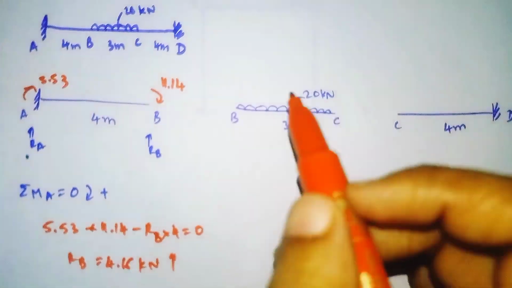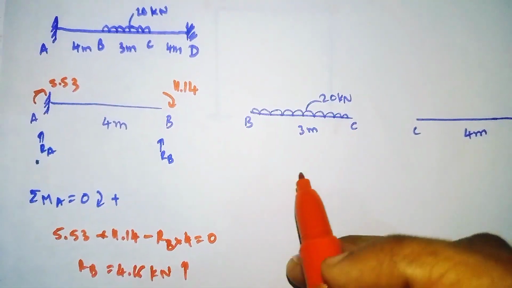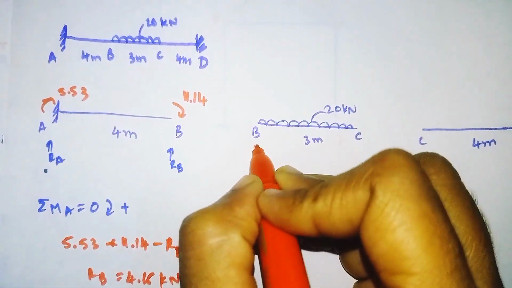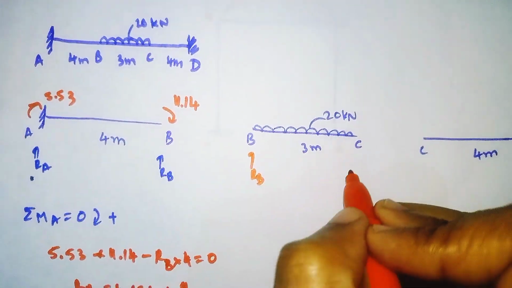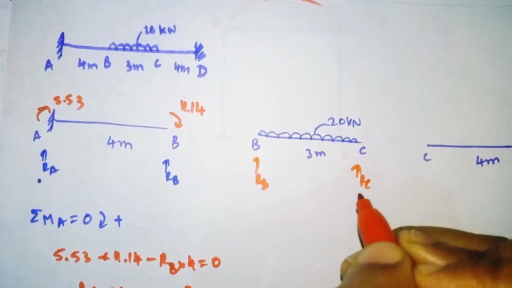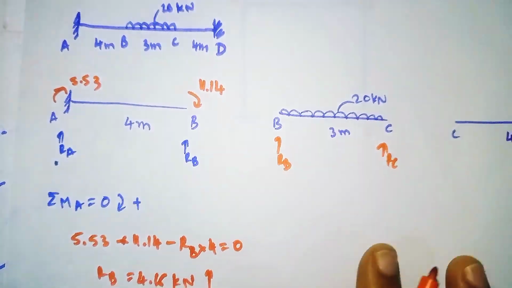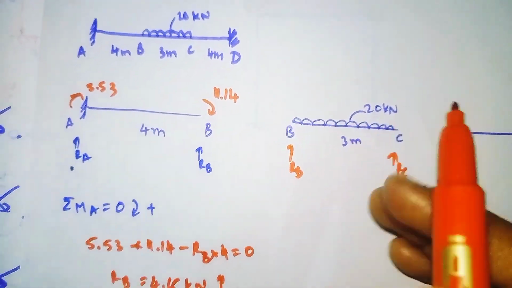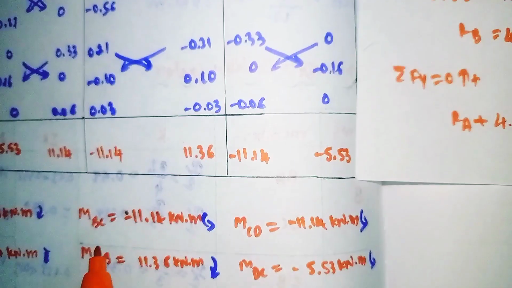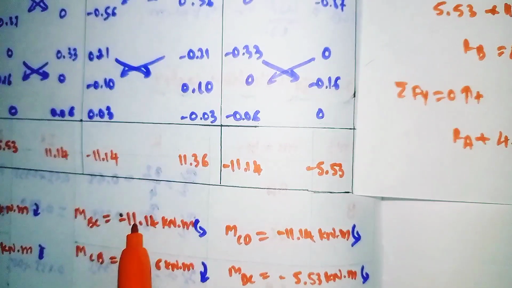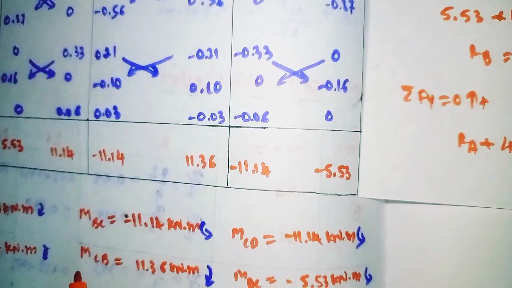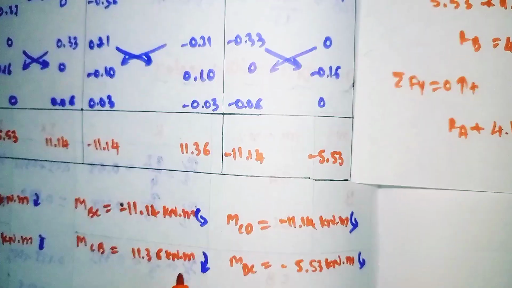Similarly, if you do for the span BC, RB takes place here, and reaction RC takes place here. So the moments at BC and CB we will see. Here the moment at BC is minus 11.14, it is anti-clockwise, and CB is 11.36, it is clockwise.